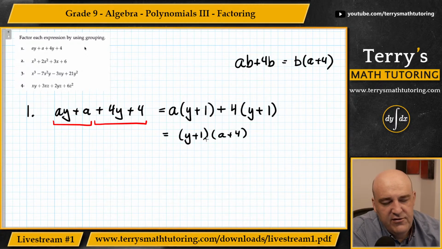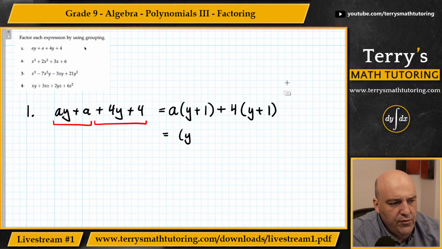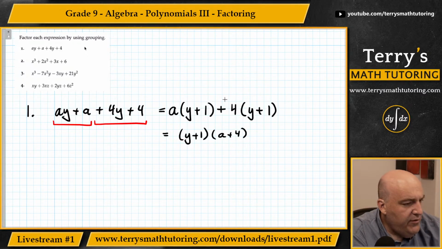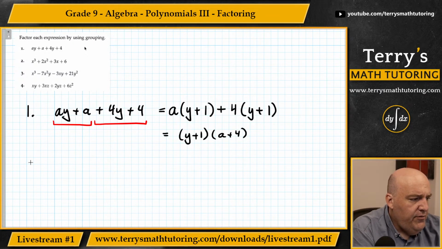It's the exact same thing here, except instead of b, we have y plus 1. You wouldn't really write a plus 4 times b, right? That's not natural, even though technically it's correct. Oh, I shouldn't have erased that. All right, so that's our answer for that one. Okay, number 2.